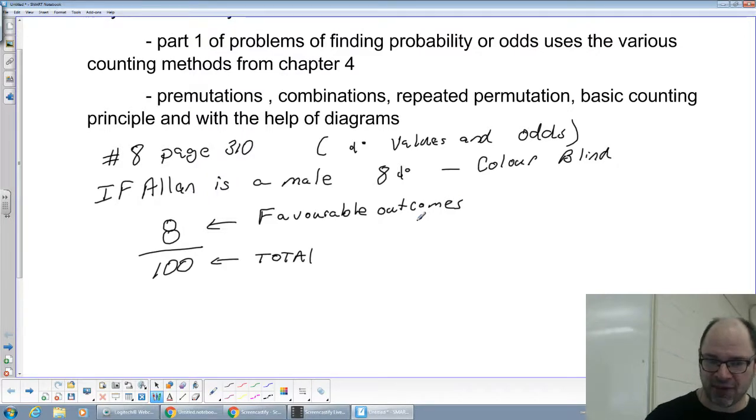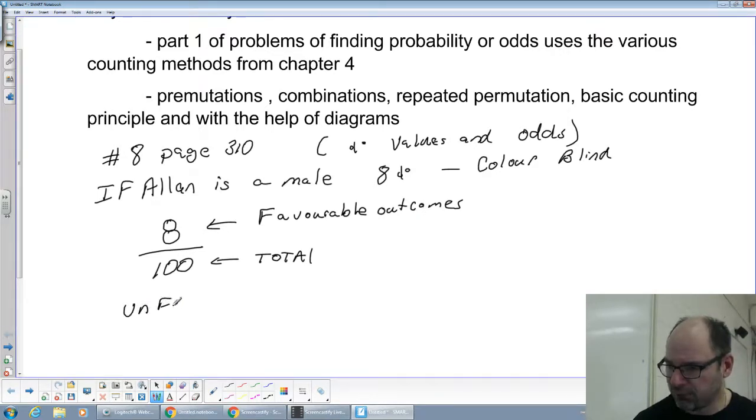If we want to do odds, we have to have the unfavorable. To get unfavorable, we simply take the total minus the favorable.